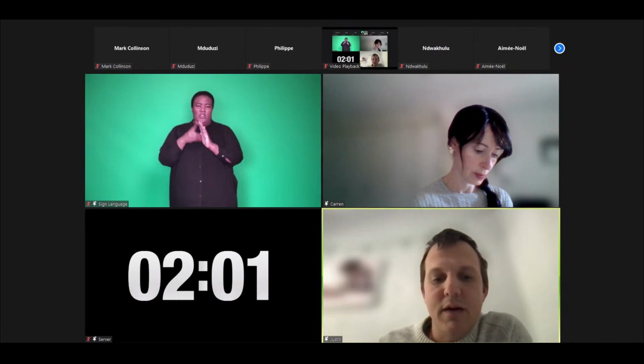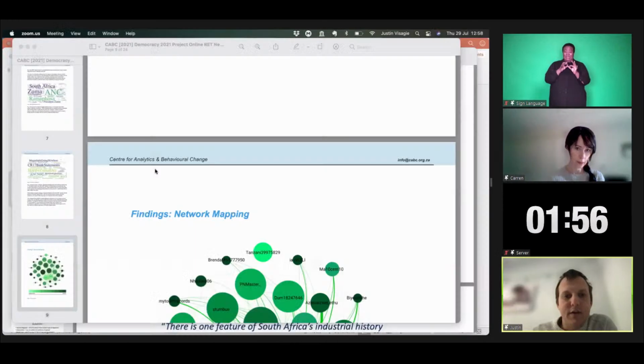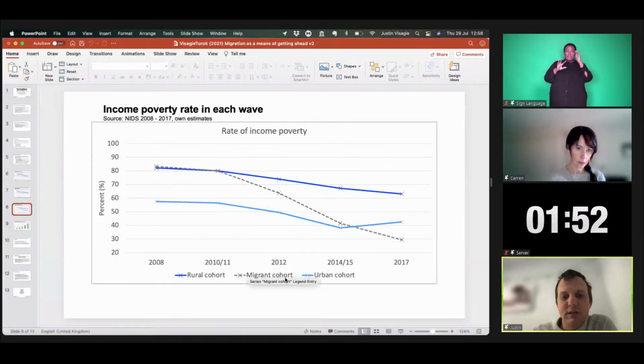The second question was around poverty in particular, and if I can just show you that slide, because I think this is important. You can see that between rural and urban areas there is a really big gap in the rate of poverty, and overall it's not actually declining.